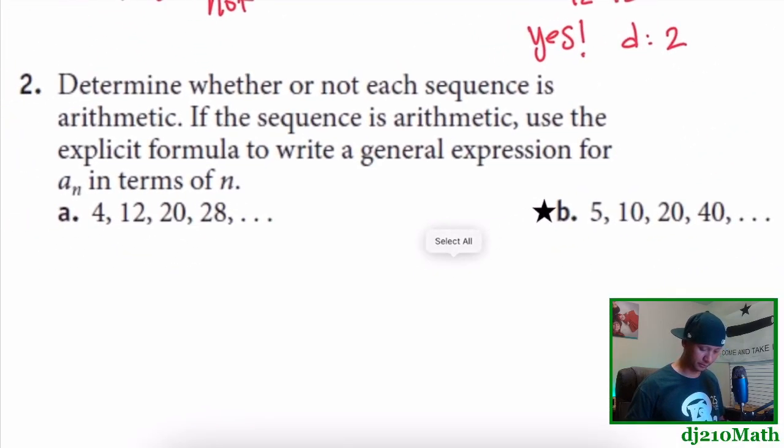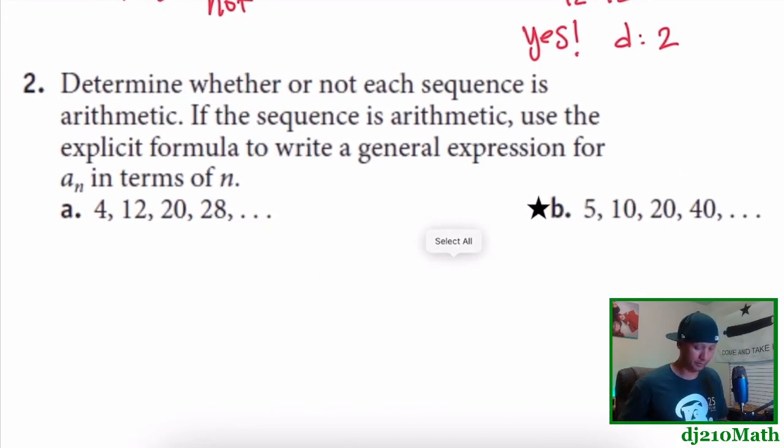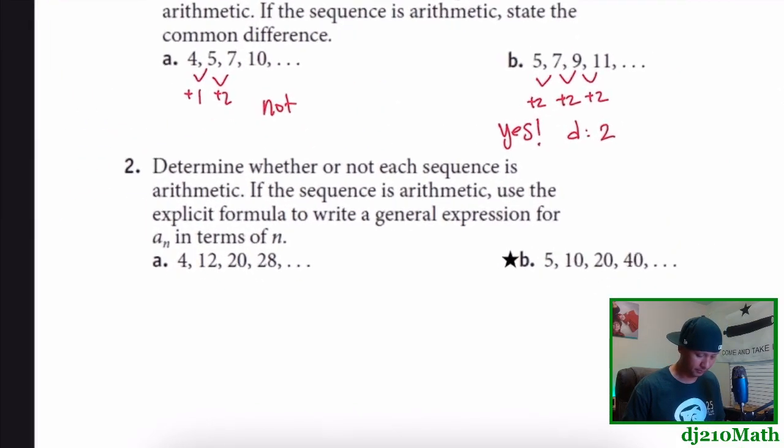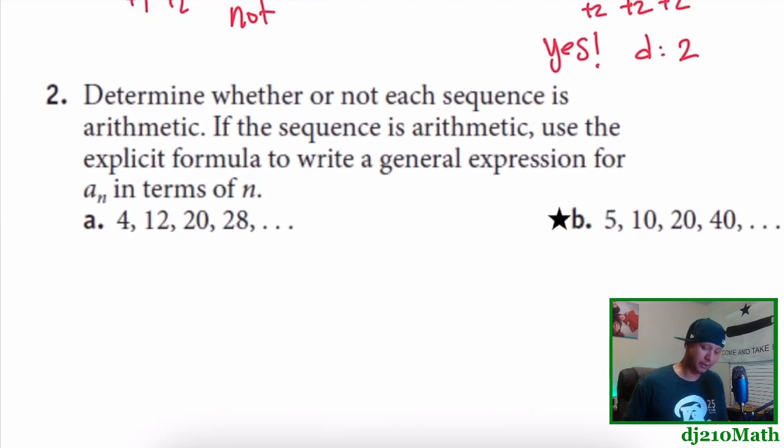Determine whether or not each sequence is arithmetic. So again, this is yes or no. If the sequence is arithmetic, use the explicit formula to write a general expression for a sub n in terms of n. So a sub n is going to equal some kind of formula with n in it. If we recall, a sub n is equal to the first term plus n minus 1 times the common difference.